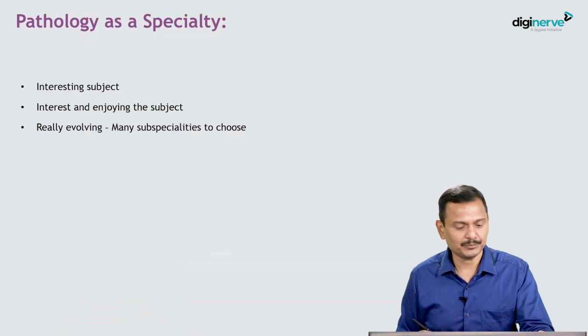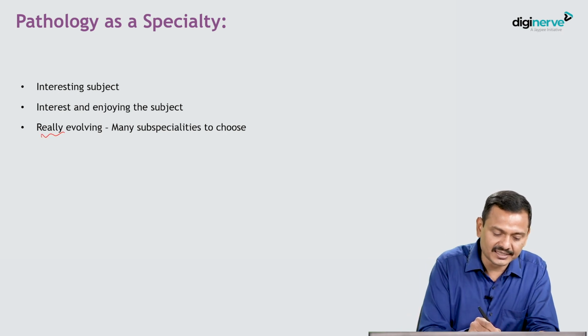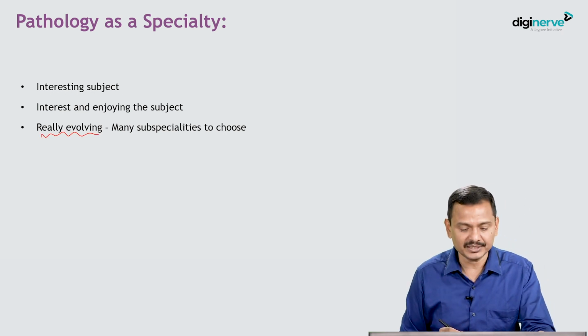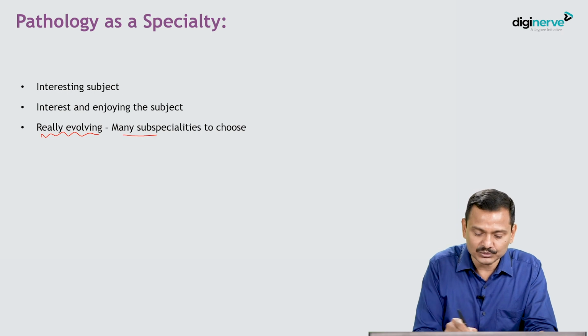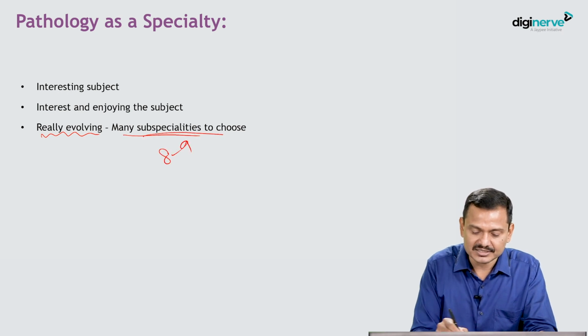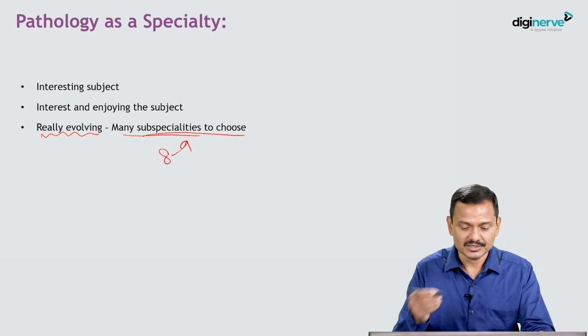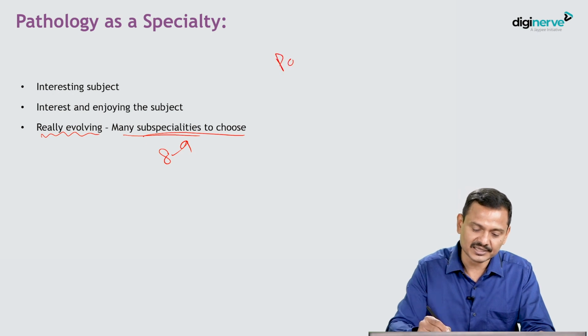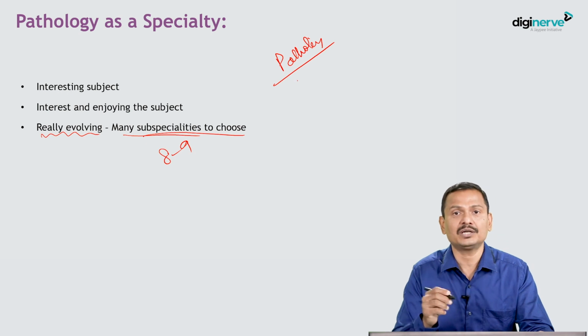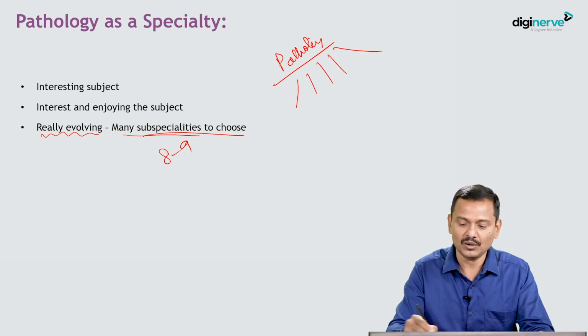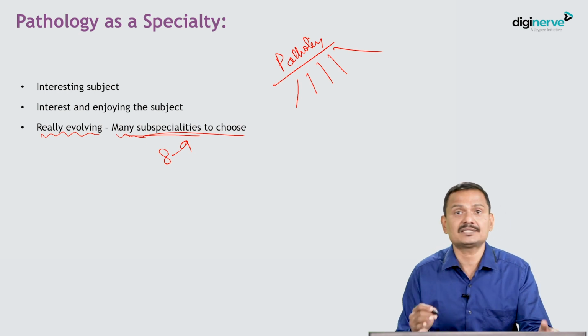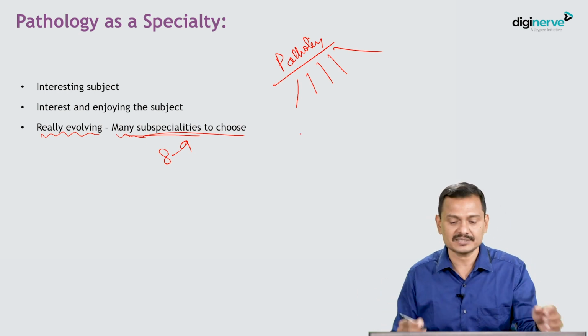The other important point about pathology is that it is really evolving, and as I told you, there are some 8 to 9 subspecialties to choose from. Some 30 years back, pathology was just one subject, and one person used to do all the subspecialties. Today it is about specialization in each subspecialty.